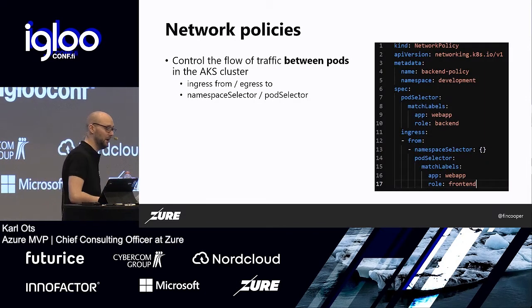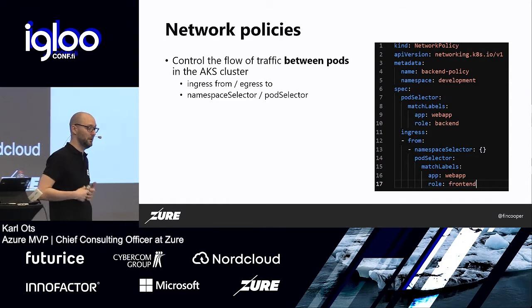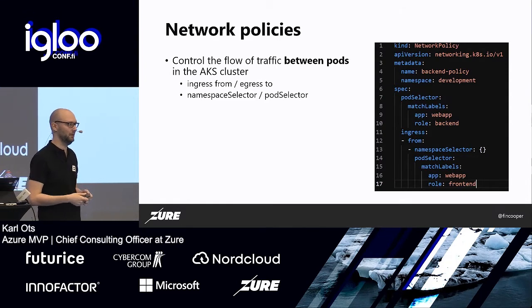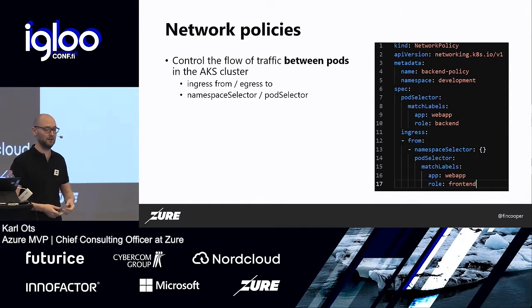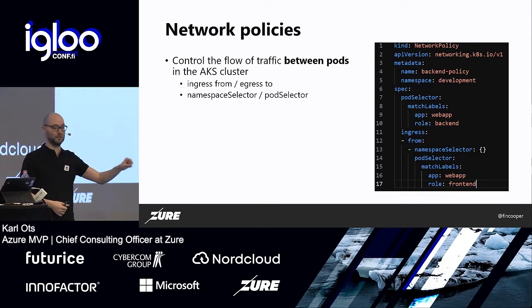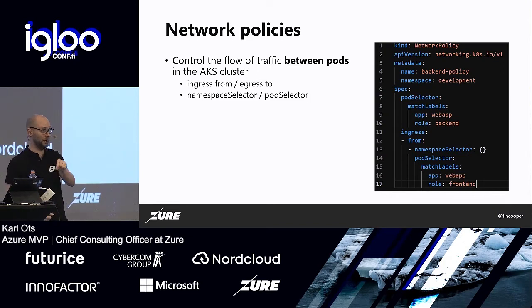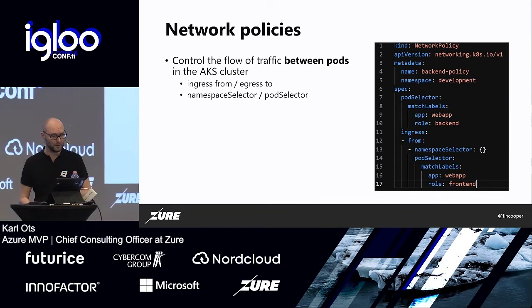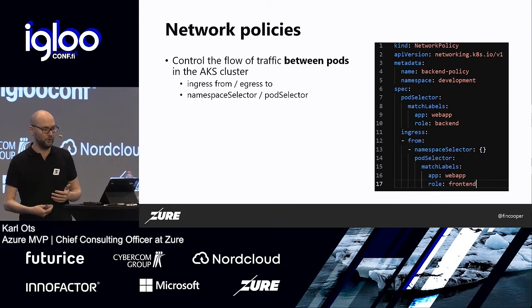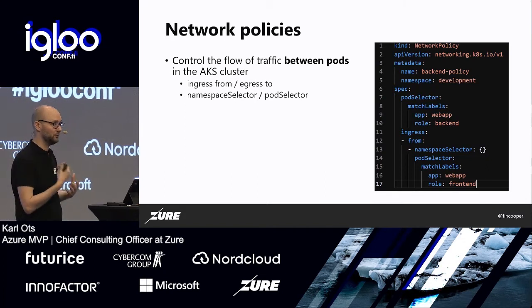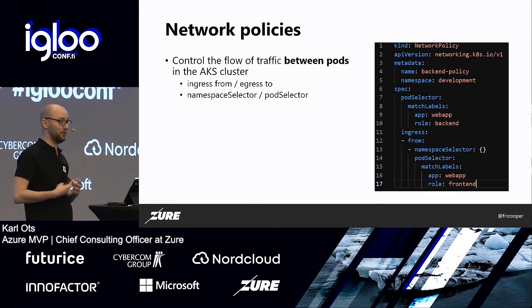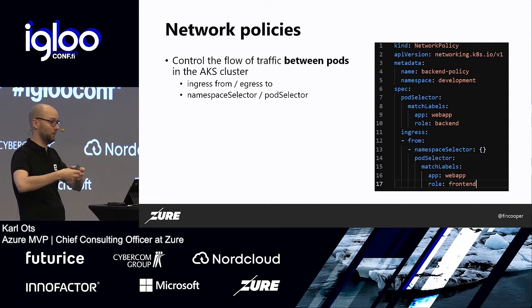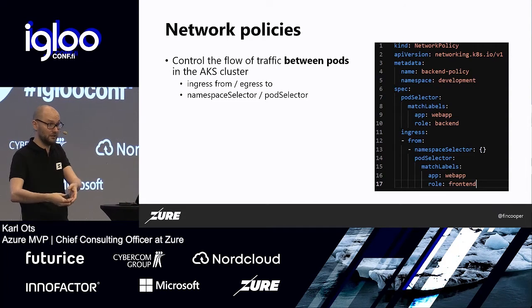So essentially, we can define this pod network policy, which allows us to say this backend is or is not allowed to connect to this front end and vice versa. So we can control the flow of incoming traffic and outgoing traffic even inside the cluster, even if all of those pods will be inside the same node, inside the same virtual machine.